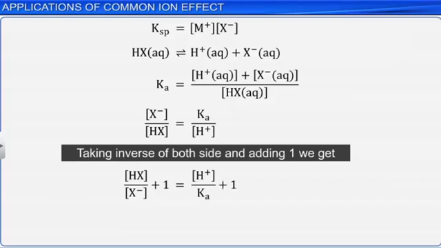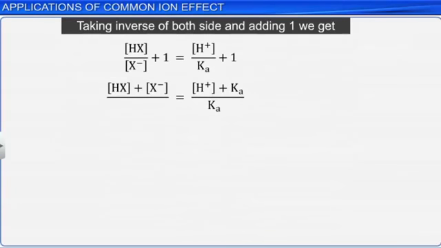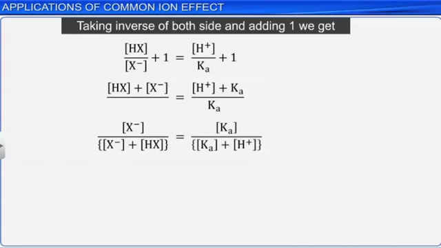This can be written as HX plus X- divided by X- is equal to H+ plus Ka divided by Ka. Now, on taking inverse, we get X- divided by X- plus HX is equal to Ka divided by Ka plus H+, which is equal to F. At a given pH, if the solubility is taken as S, then Ksp is equal to the product of S and FS.